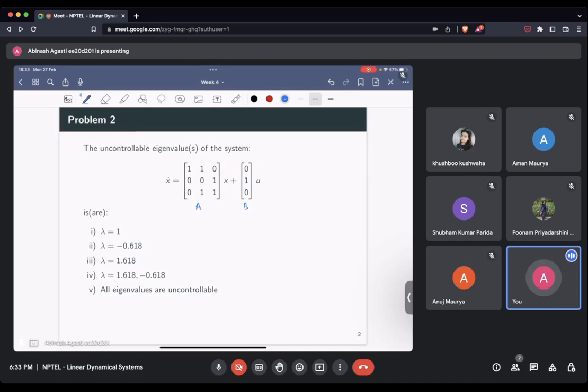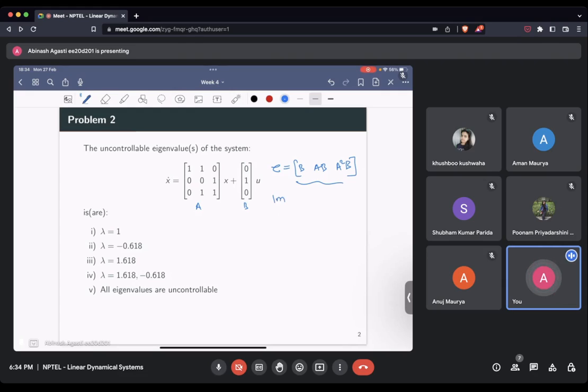So are you familiar with the controllable decomposition for an LTI system? If you remember what we did last class, we find out the controllability matrix first, then find the maximum number of linearly independent column vectors from this matrix.